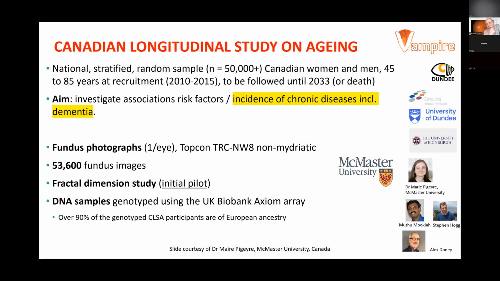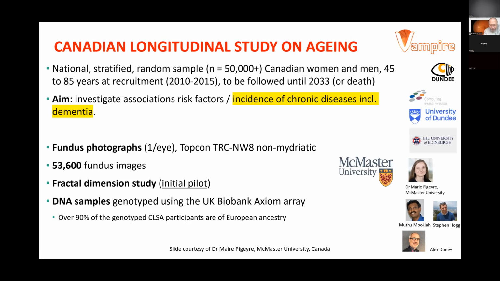And let me give you some not so good news. It's good that we have this collaboration with some Canadian colleagues in Dr. Piger's group in Canada. They have brought with them a 50,000 strong Canadian data set, very well organized.